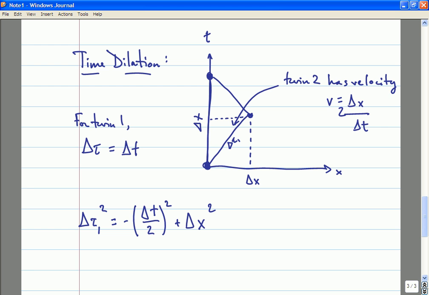Or if you wanted to let v be 2 times delta x over delta t, this would just be 1/2 times the square root of 1 minus v squared times delta t.